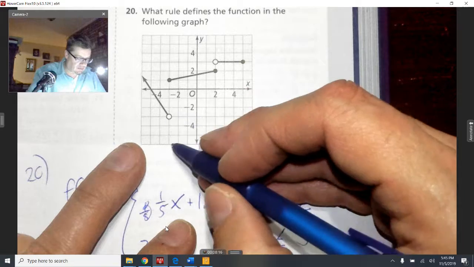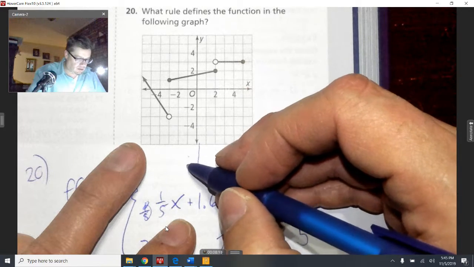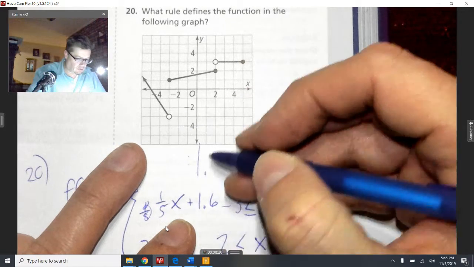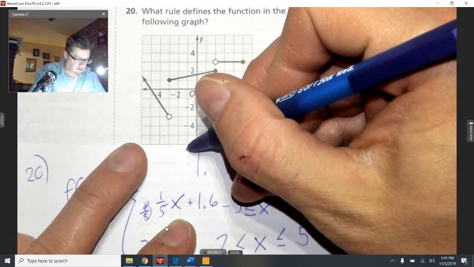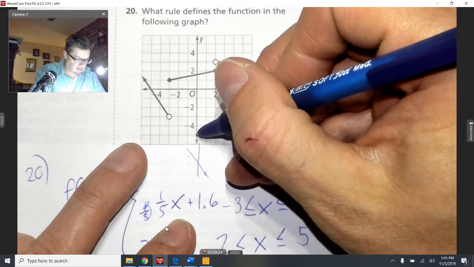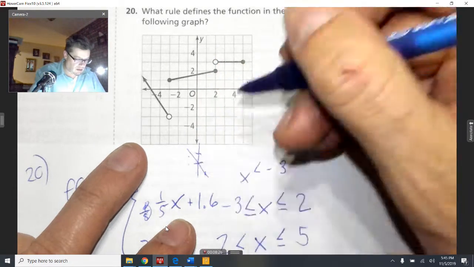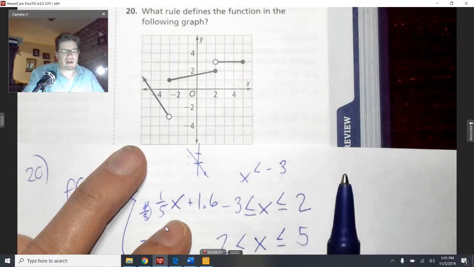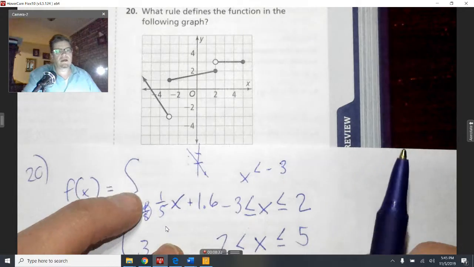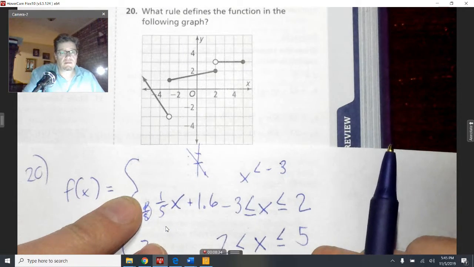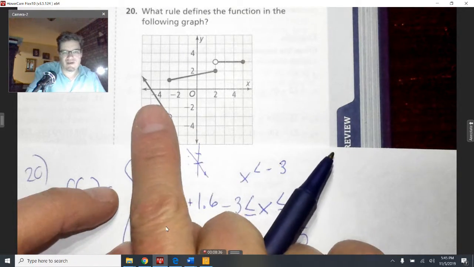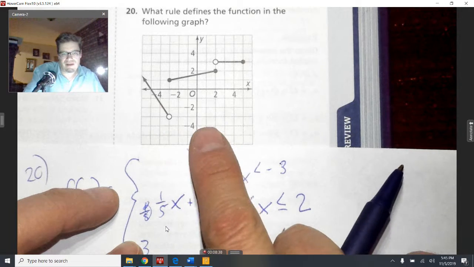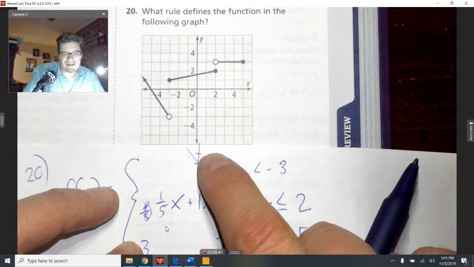Okay. Down 3 over 2. Down 1, 2, 3 over 2. So it looks like this will hit the x-axis at like -7 and a half, right? You don't have to worry about this on the test, but it looks like it's going to hit at about -5, 6, 7, 8.